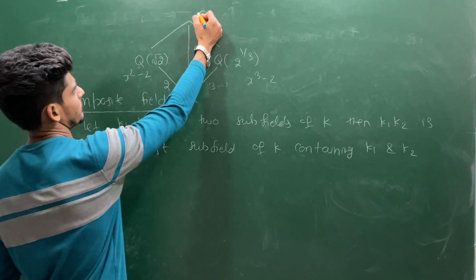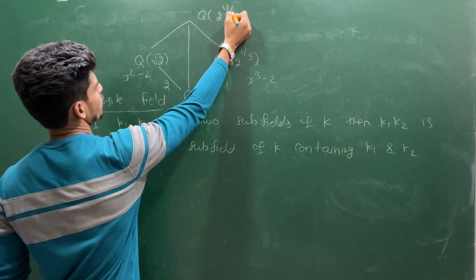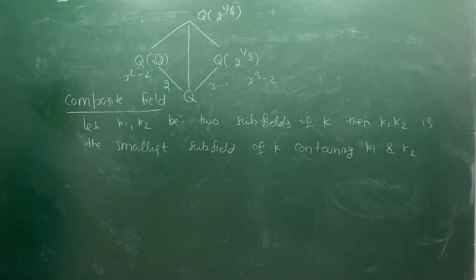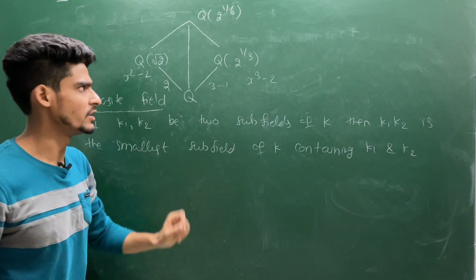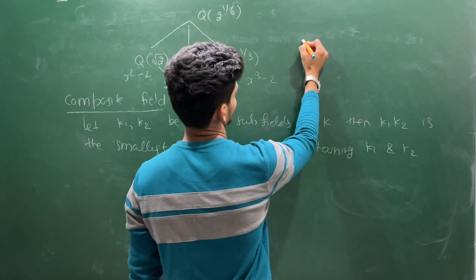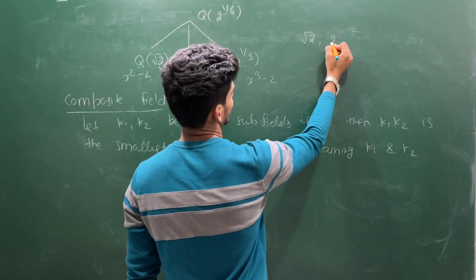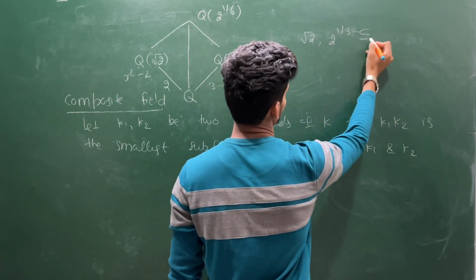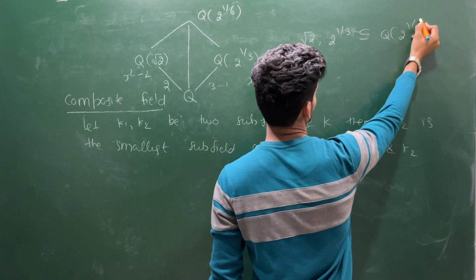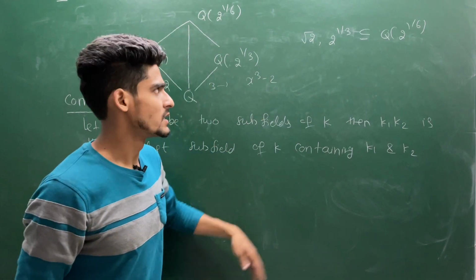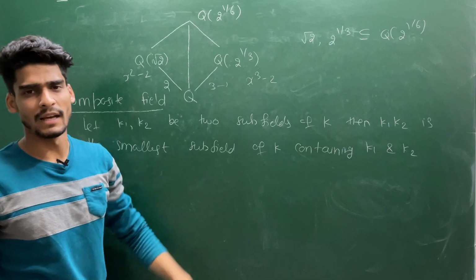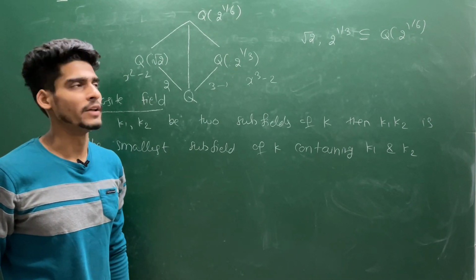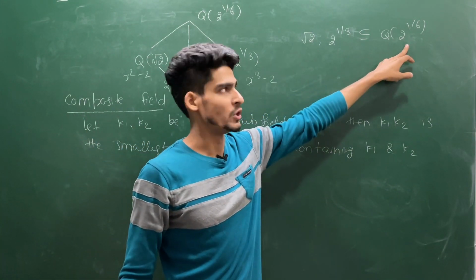Can I take this one? Q adjoin 2 power 1 by 6. Actually this is the field which is a composition of this field and this field. Let's see how. Root 2 and 2 power 1 by 3, these both are contained in 2 power 1 by 6, because if 2 power 1 by 6 is there, then if you take the square of this element, you will get 2 power 1 by 3.